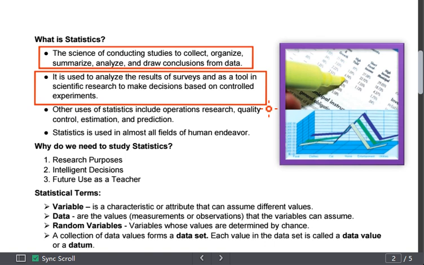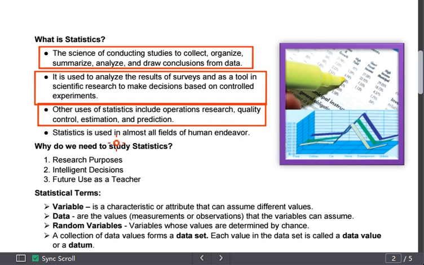So this statistics is very helpful for you to conclude on decisions by hypothesis testing. So next, other uses of statistics include operations research, quality control, estimation, and prediction. So gaya na nga ng sabi ko kanina, we can predict or estimate the conclusion of something with the use of testing that we can encounter in here in statistics.